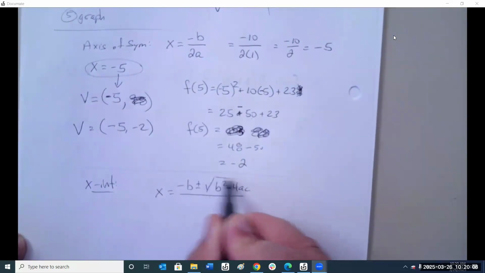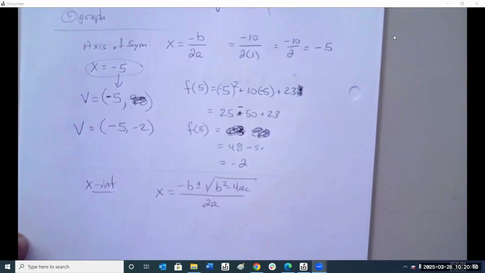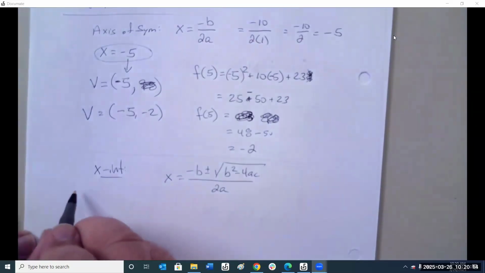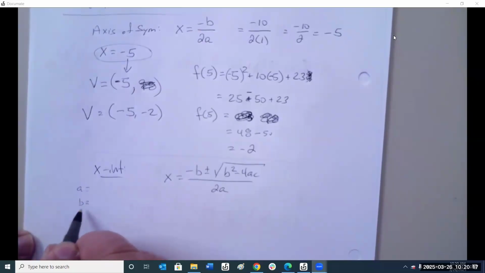Use the quadratic formula. That finds the x-intercepts. And we already labeled A, B, and C as 1, 10, 23.